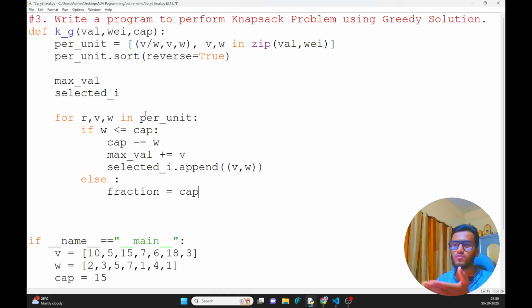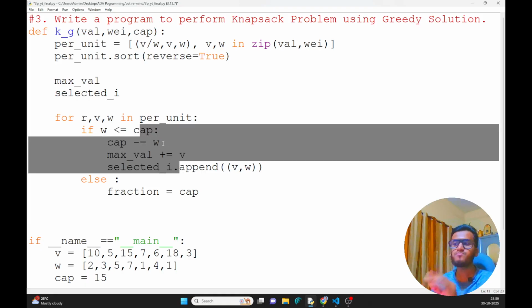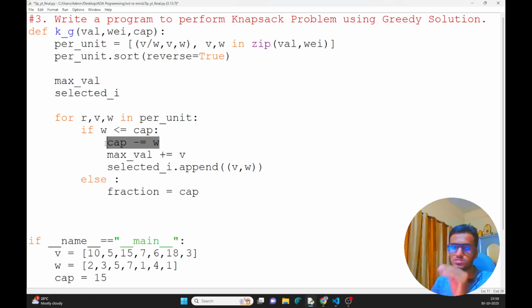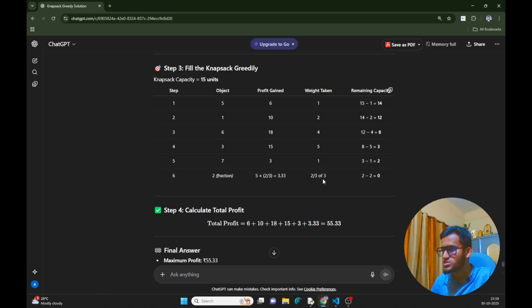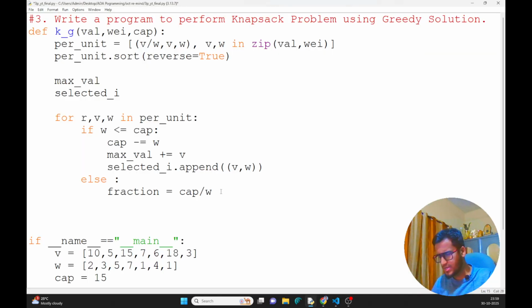See here, in the if condition itself, the capacity keeps getting subtracted till this condition is not satisfied, then it comes here and checks, and this capacity should be divided by our weight. Am I right? So you can see this is our weight. Got it? So now it is correct, right?